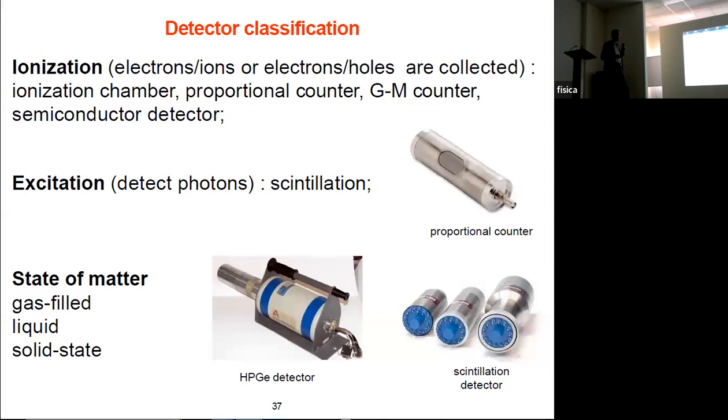A proportional counter, a solid-state semiconductor detector, a high-purity germanium detector, which I use for gamma ray spectroscopy mostly, and a scintillation detector with a photomultiplier tube. This is a device that detects light, and the scintillating material produces flashes of light when a particle passes through it.